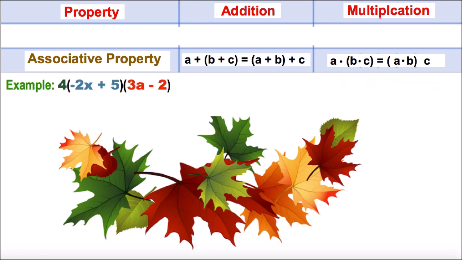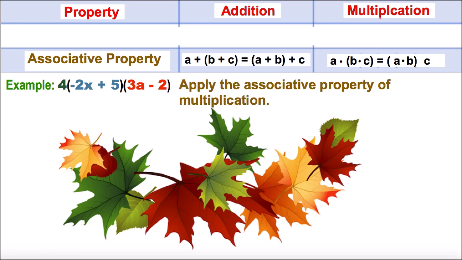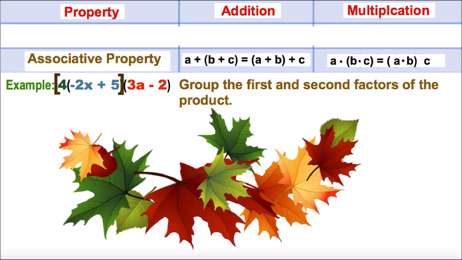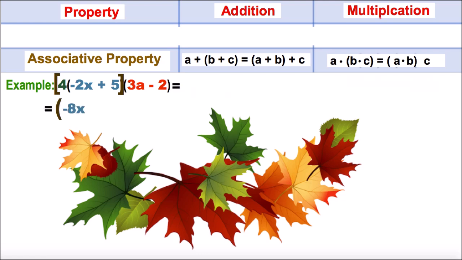Example: 4 times the quantity negative 2x plus 5 times the quantity 3a minus 2. Apply the associative property of multiplication. So we group the first and second factors of the product, which equals negative 8x, 4 times negative 2x, plus 20, 5 times 4, multiplied by 3a minus 2.